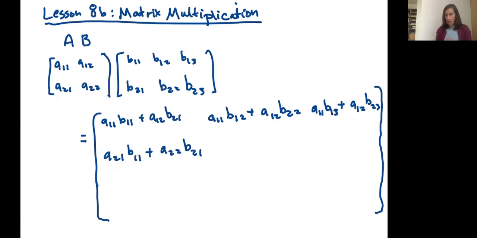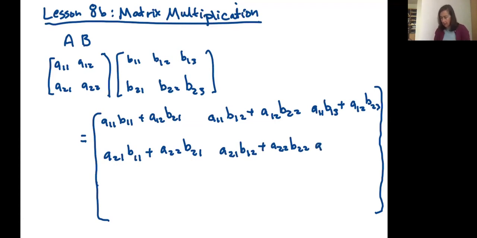And to get the second row, second column, I'm going to take the second row of the lead and the second column of the lag. So that's A21 B12 plus A22 times B22. And for the second row, third column of the product, I'm going to take the second row of the lead, I've been doing that all along, times the third column of the lag.